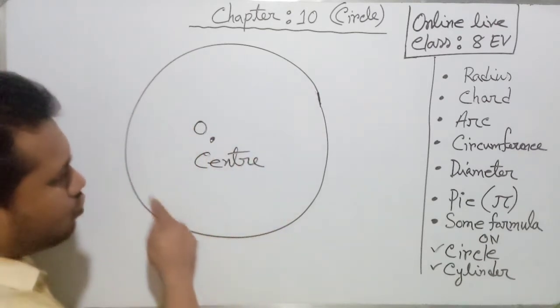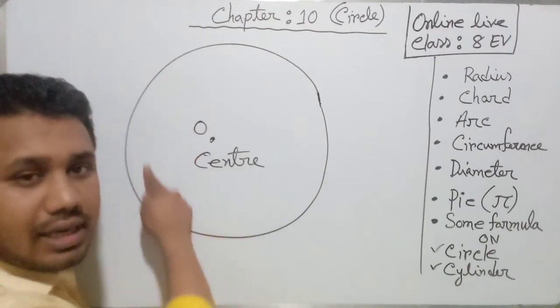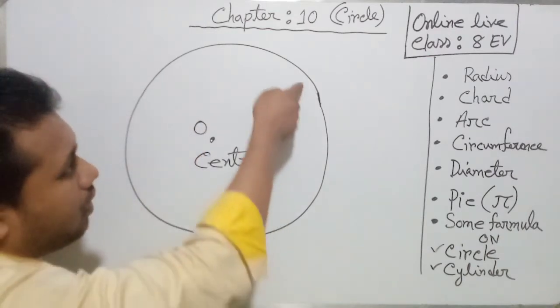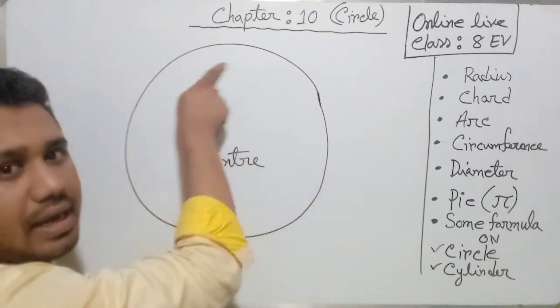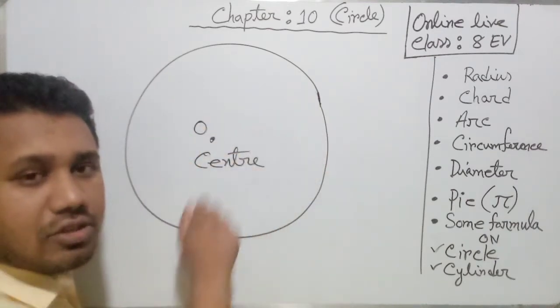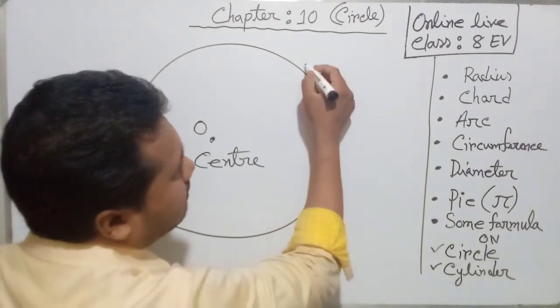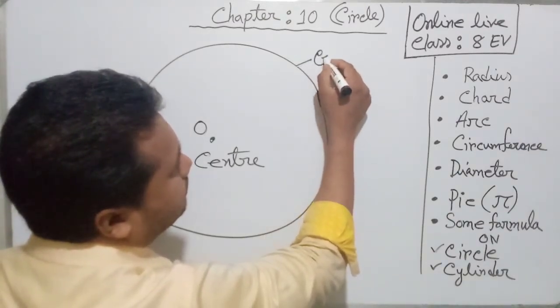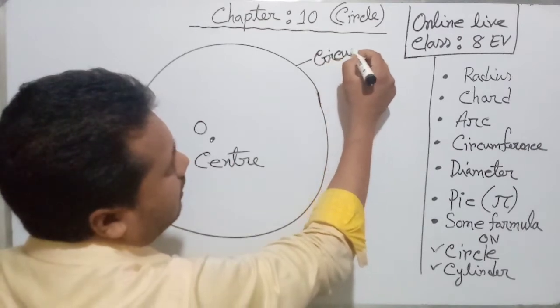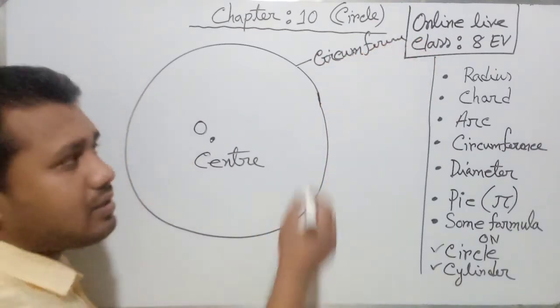And this last one, a kind of ring, that means the complete length of the circle, is called the circumference. What is the circumference?